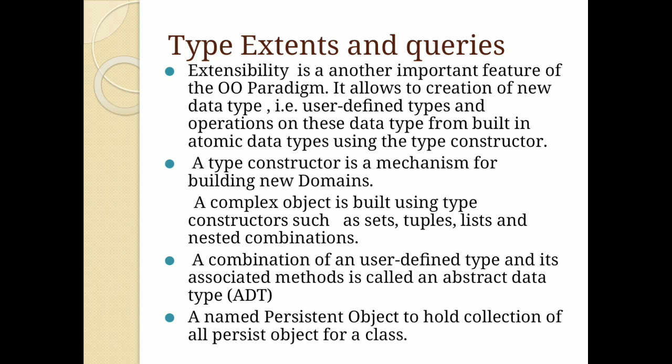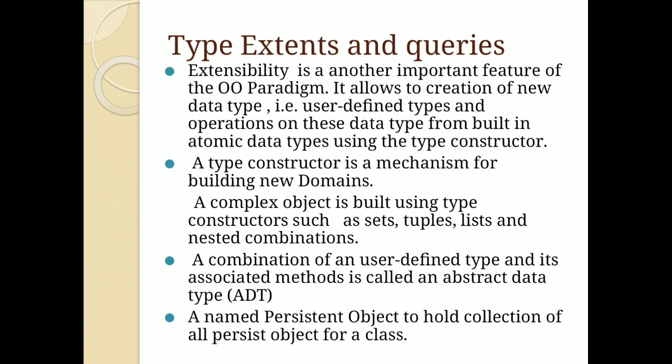Extensibility is another important feature of object-oriented paradigms. It allows creation of new data types, that is, user-defined types and operations on these types, from built-in atomic data types using the type constructor. Now, what is type constructor? A type constructor is a mechanism for building new domains.